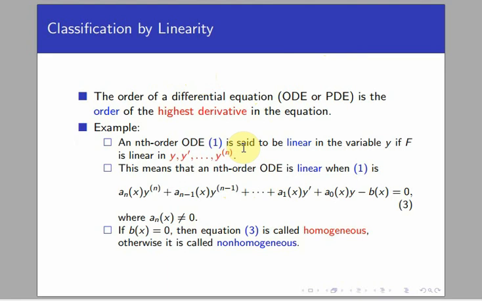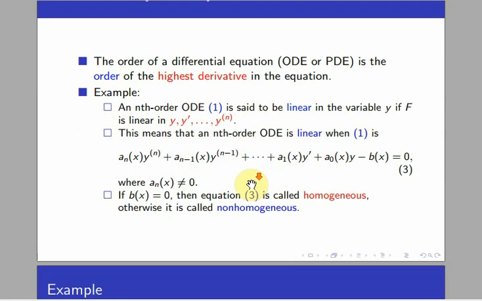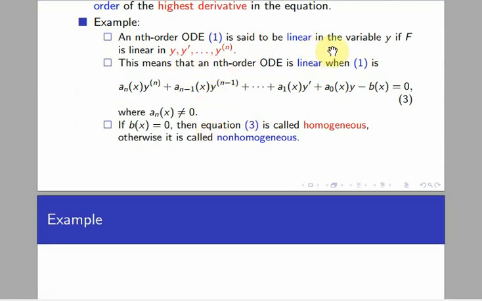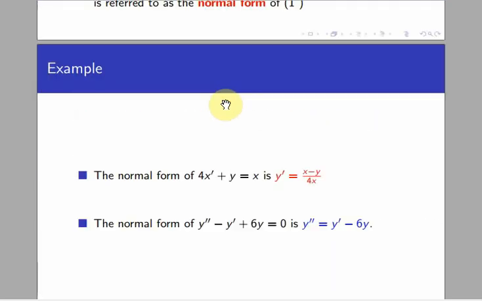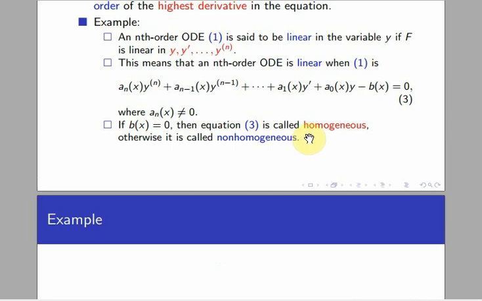The nth order differential equation is said to be linear in the variable y if f is linear in y, y prime, up to the nth derivative. That is, the ODE is linear when the derivatives of the function y prime, y double prime, and so on are linear.